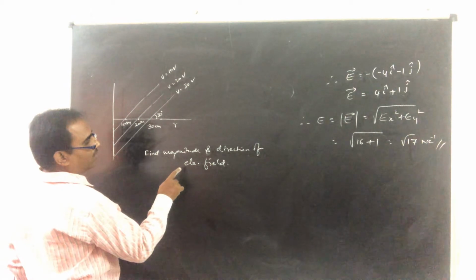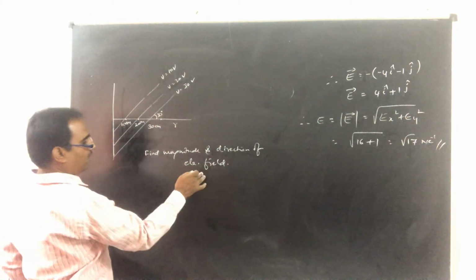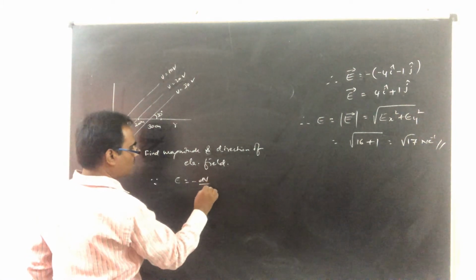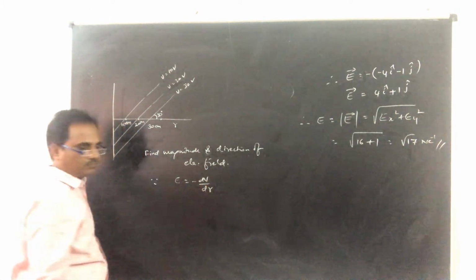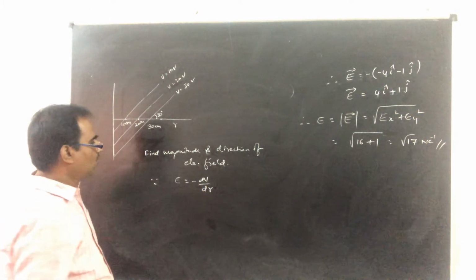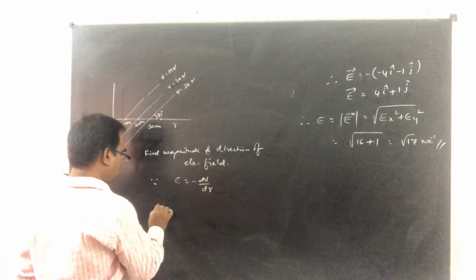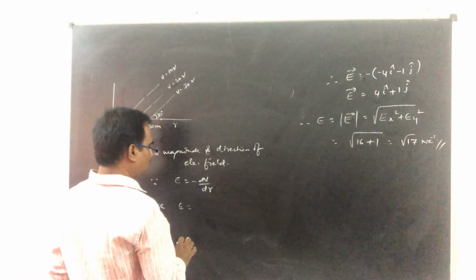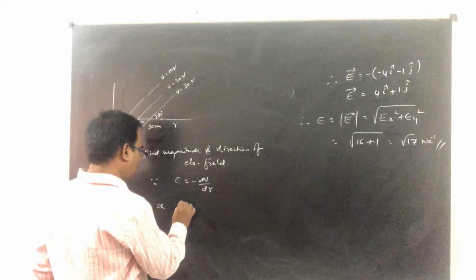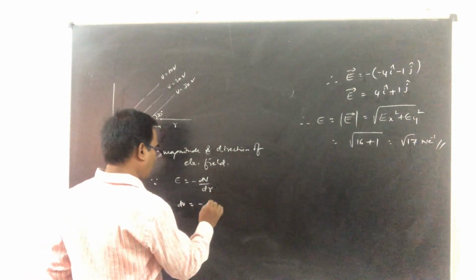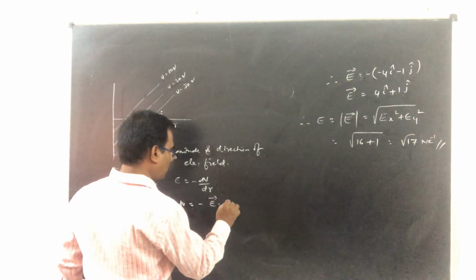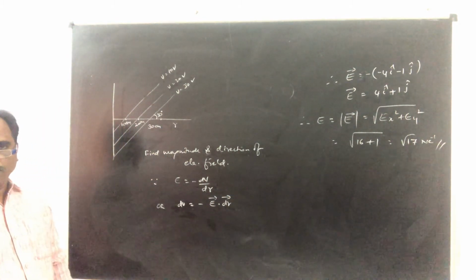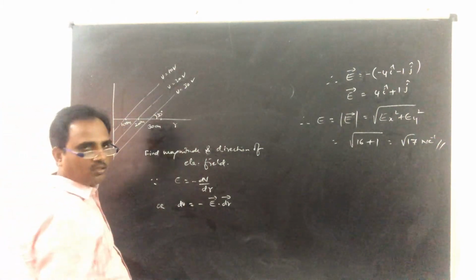See, the relation between this potential and field is E is equal to minus dV by dr. This equation can also be written as dV is equal to minus of E dot dr. It is the dot product of E and dr.